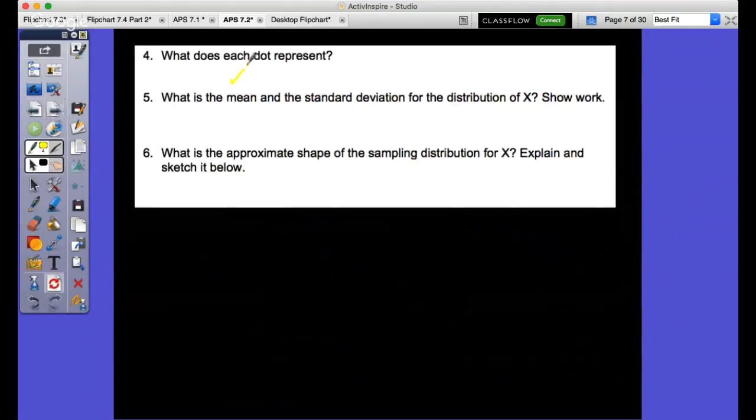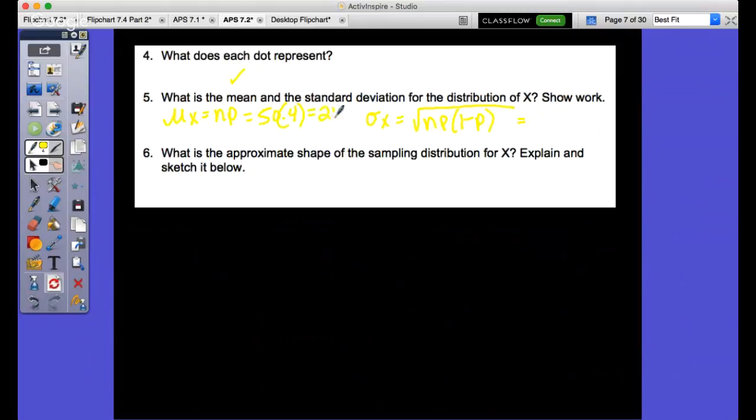So we did number 4. What is the mean and the standard deviation of the distribution? Well, we already said that this is a binomial. So we've got standard deviation of x and a mean of x. And once we plug this in, we get n times p, which is 50 times 0.4.